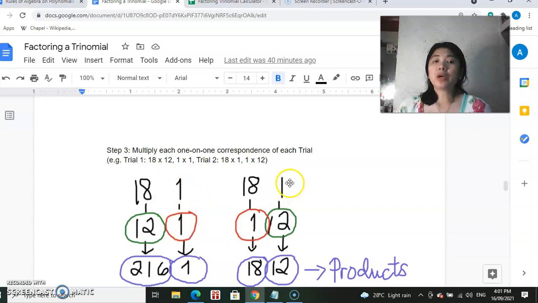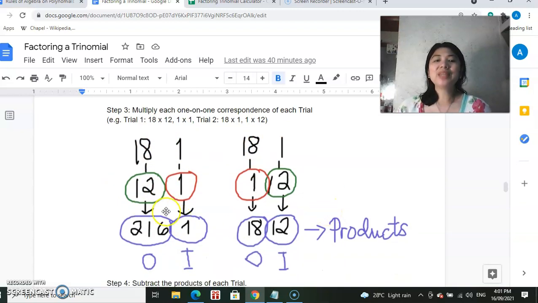In the second trial, 1 is now paired with 12. So, gibali lang 12, 1, ang order gibali. And then, diri sa first term, you keep it as it is. And then we will find the products. So 18 times 12 is 216 and 1 times 1 is 1. In the second trial, 18 times 1 is 18 and 1 times 12 is 12.